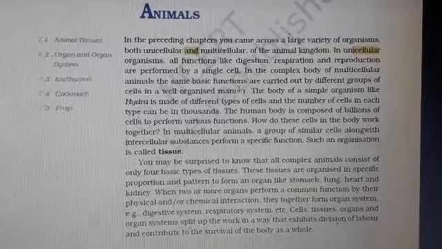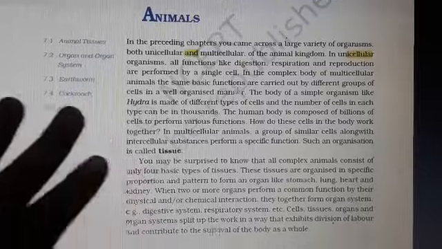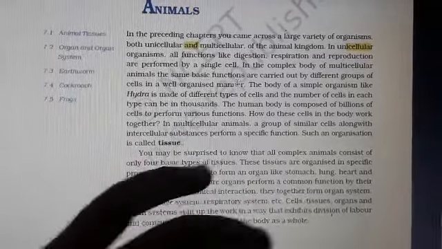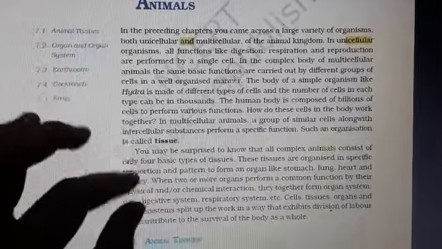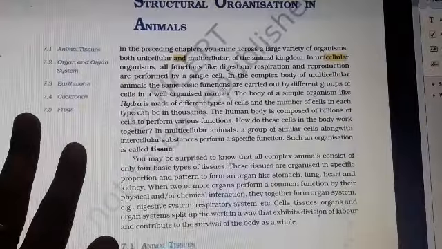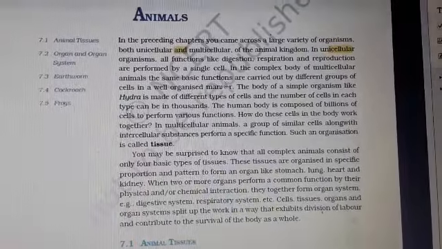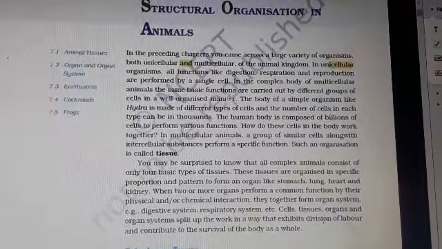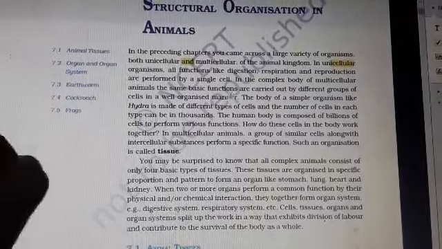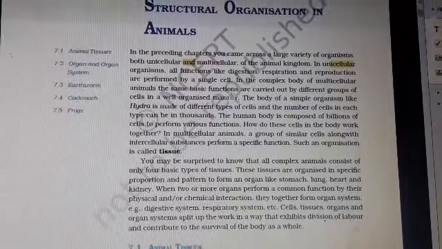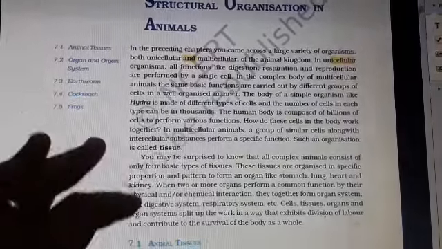So what is a tissue? We have got the definition here. Tissue is a group of cells which perform the same type of function. Such an organization is called tissue. For your information, first a cell is formed, then a group of cells forms a tissue, a group of tissues forms an organ, and organs form an organism.